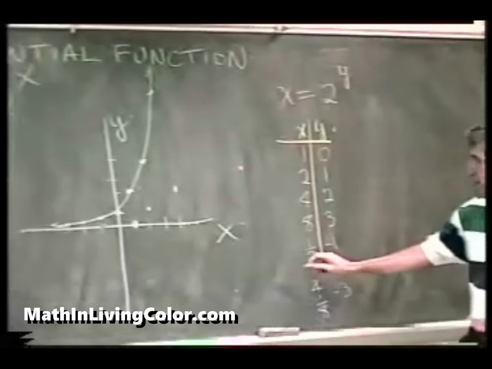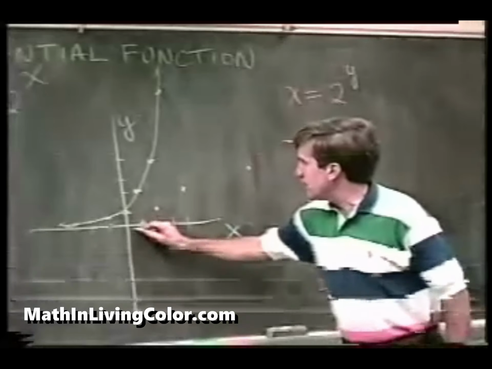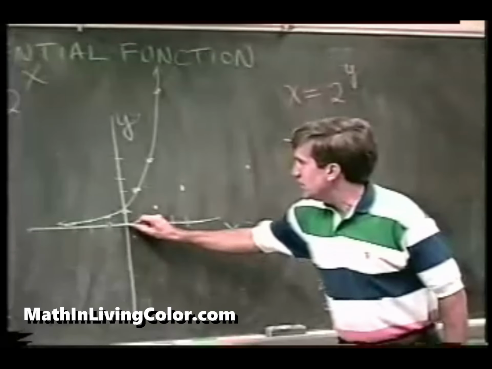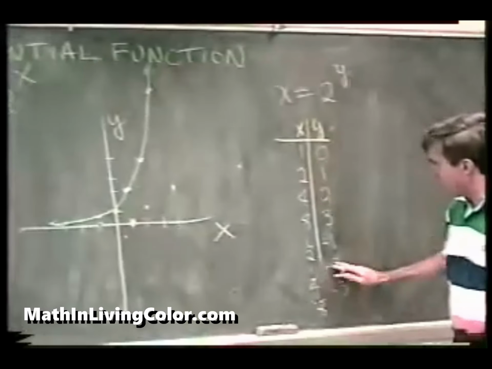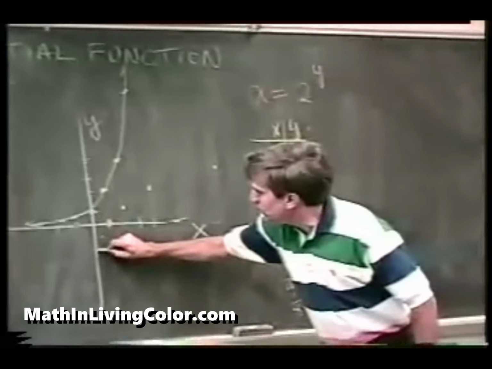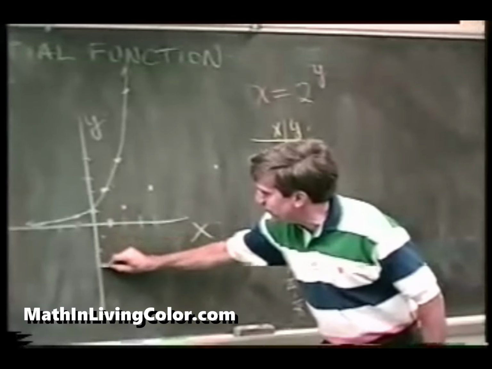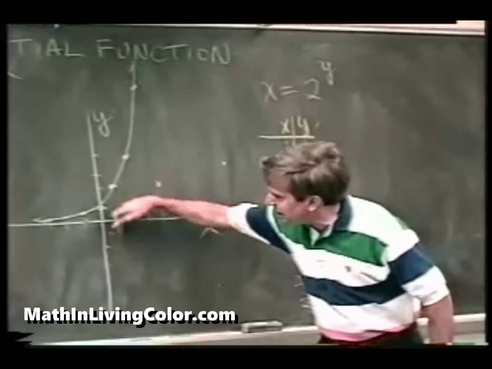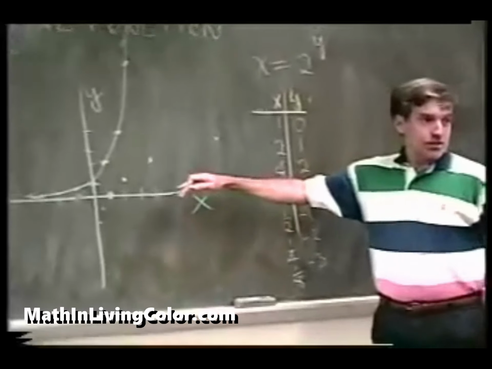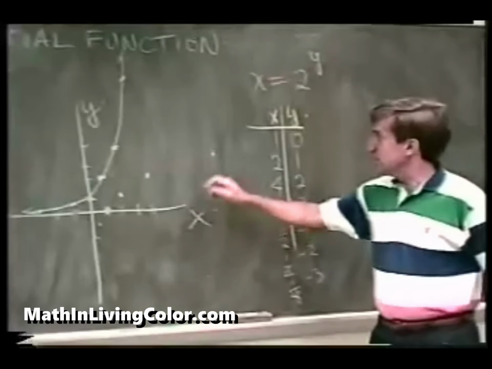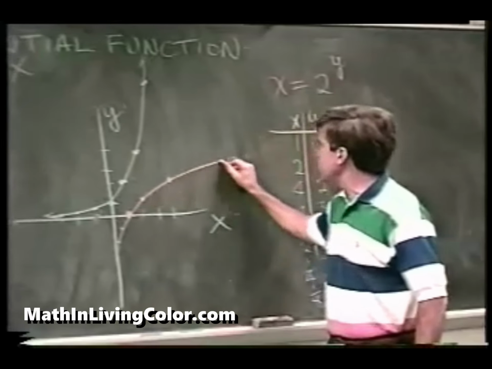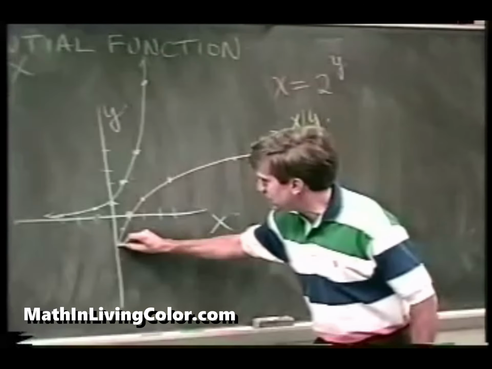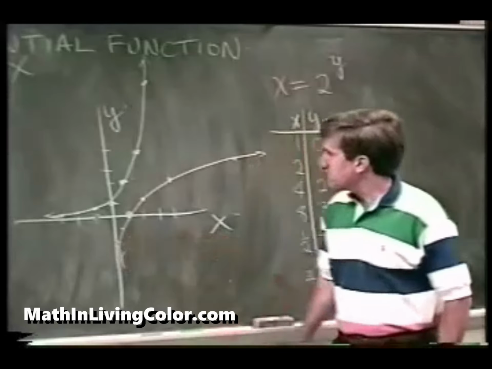X equals 1/2 would be over half, and we drop down 1, over 1/4 and go down 2, over 1/8 and go down 3. You see what's happening here? We're going down along the y-axis. We'll never touch the y-axis, and if you connect these points with a nice smooth curve, you'll see the graph going like that. All right?